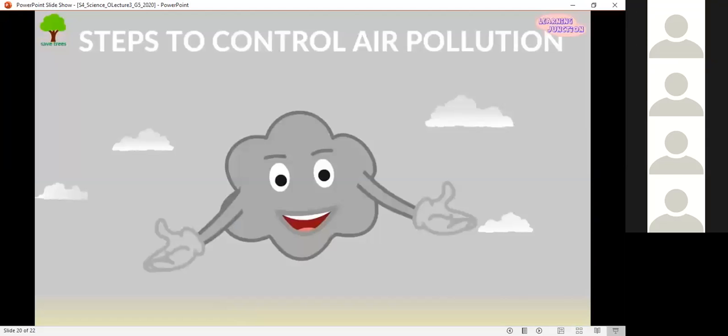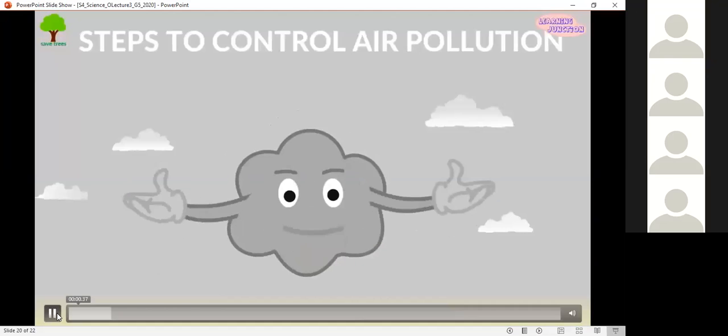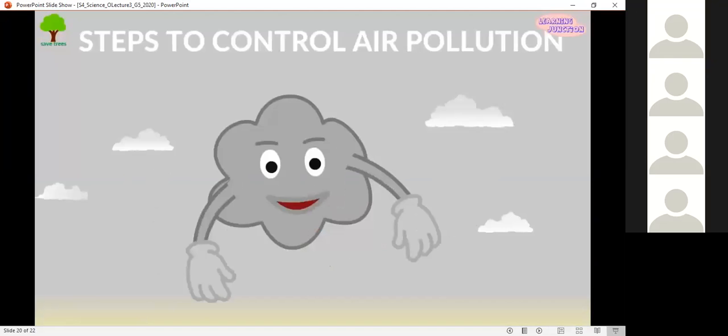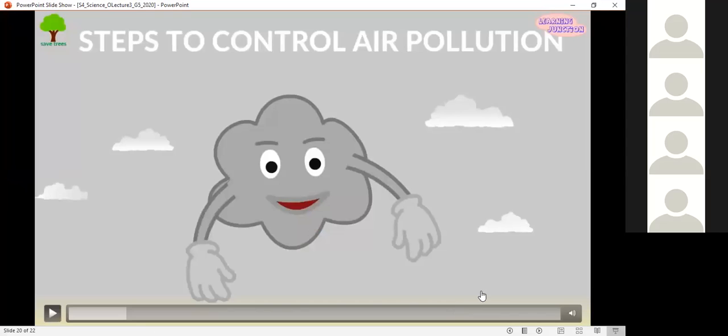We should take proper steps to control air pollution. We're almost done. We still have 5 minutes. In this time, I want you to tell me tips or ways to reduce air pollution. What can we do to clean our air or to keep it clean? Stop cutting trees. Bravo, Ahmed. Use environmentally friendly items.